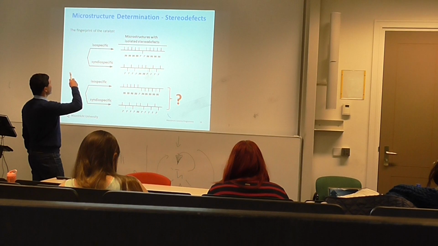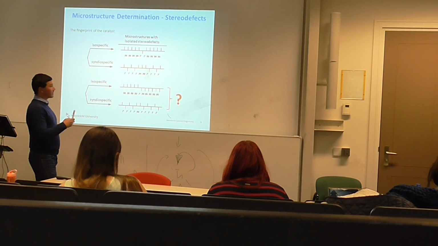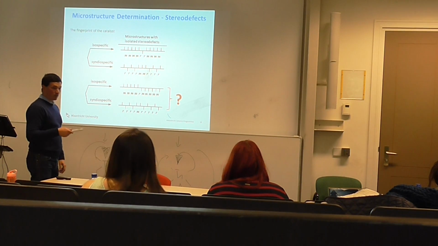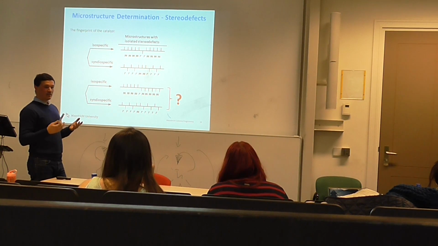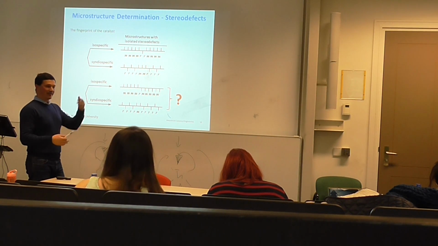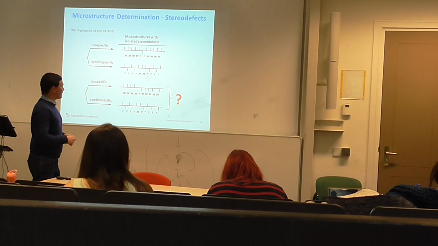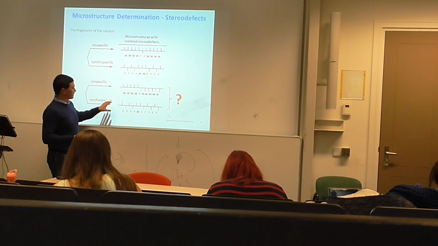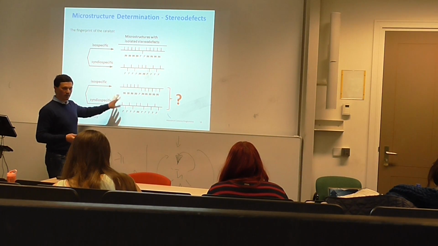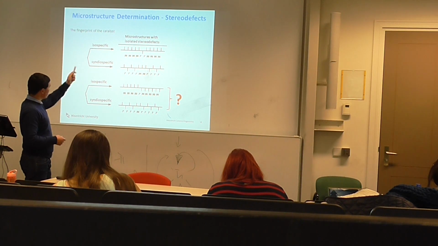Let's say that the microstructure of the polymer is basically the fingerprint of the catalyst. So what the catalyst imposed over the monomer and then in the end over the chain, you can understand by characterizing the polymer, okay? So let's see the top one.